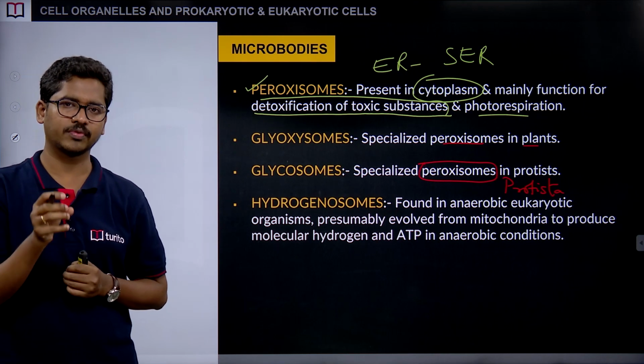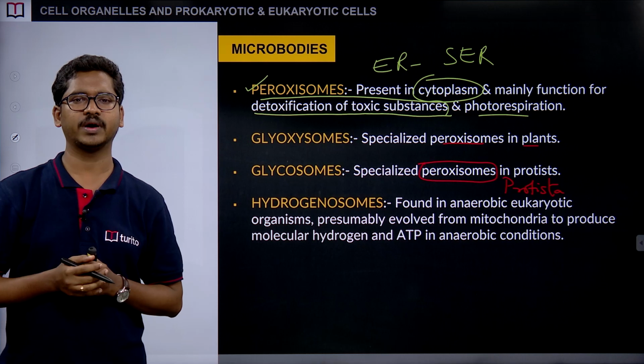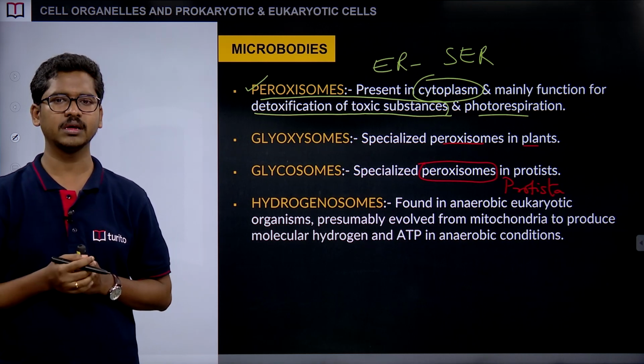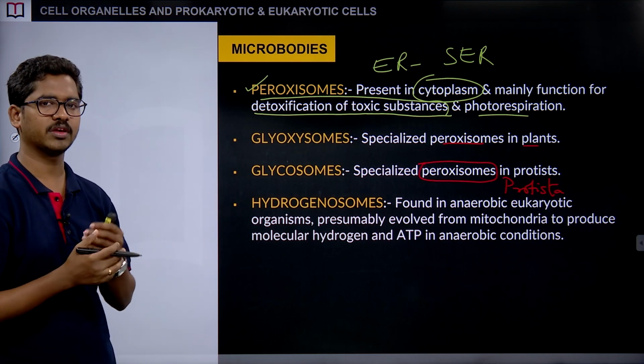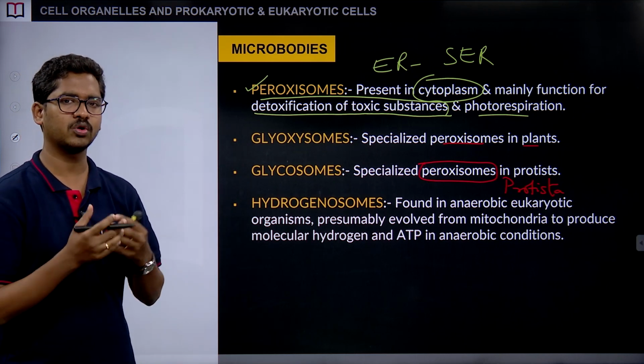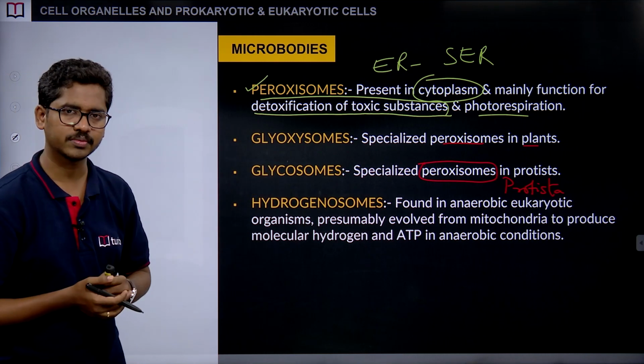Of course, you may find some of them having plant like features also, that means exhibiting plant like or autotrophic features also. That is what the group is all about.